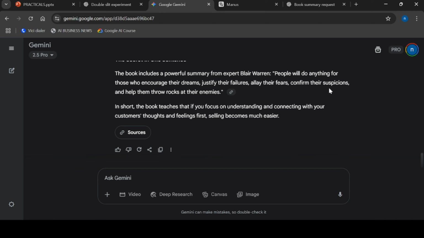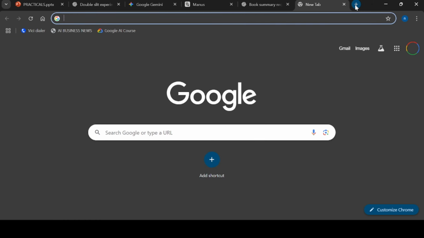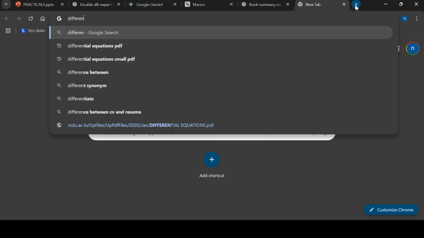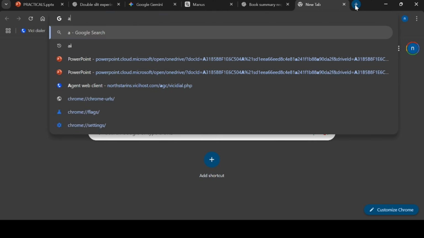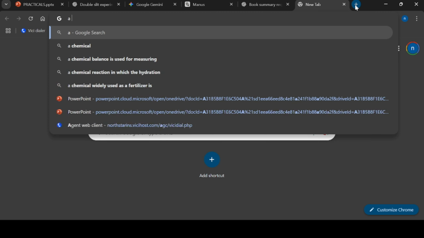Let's look at studying a complex topic between chemistry, maths, or physics. Let me see. Let's go to mathematics. Let's check out differential equations, or let's go to chemistry.